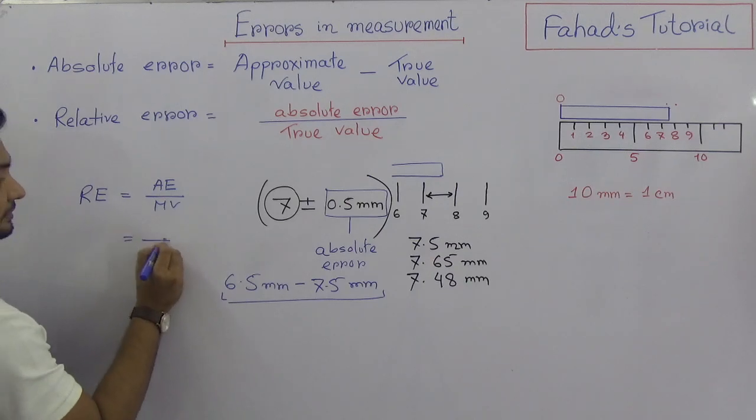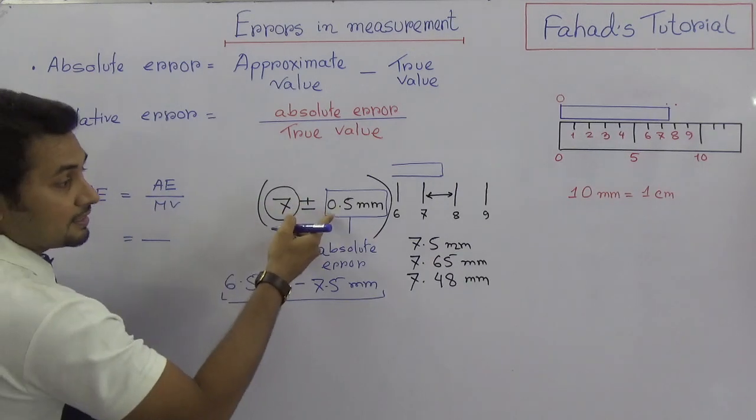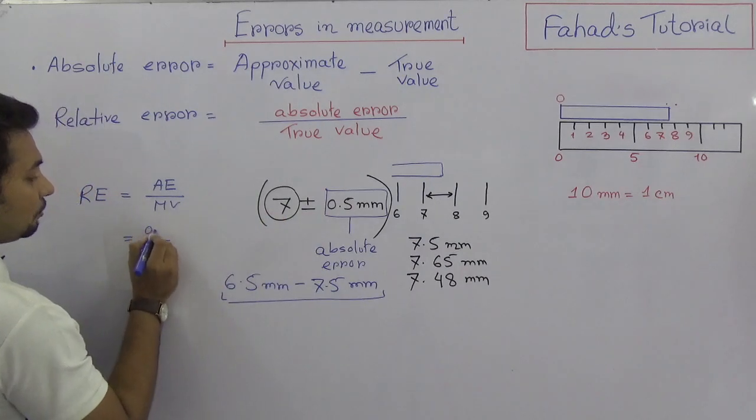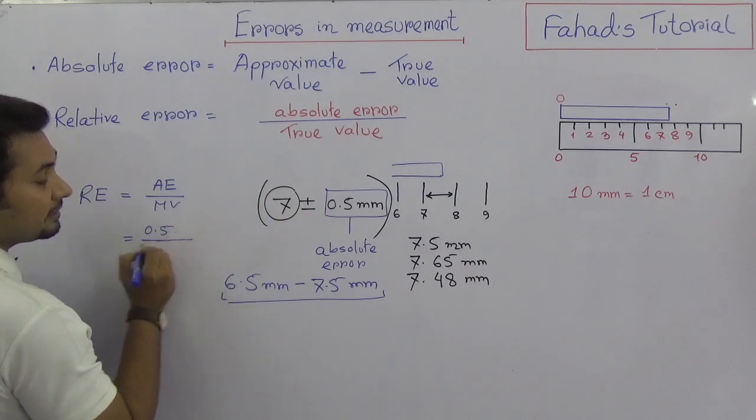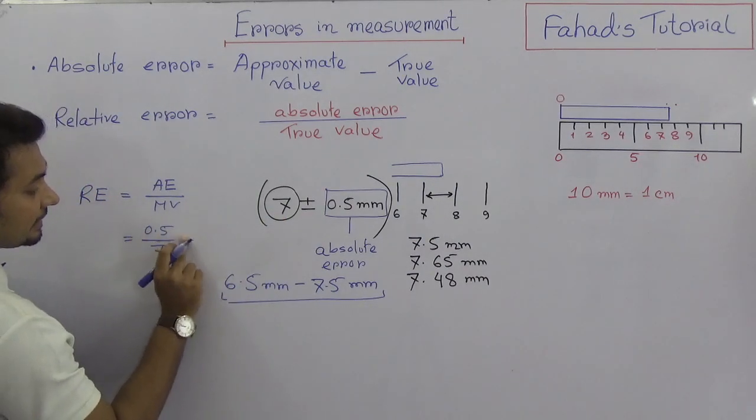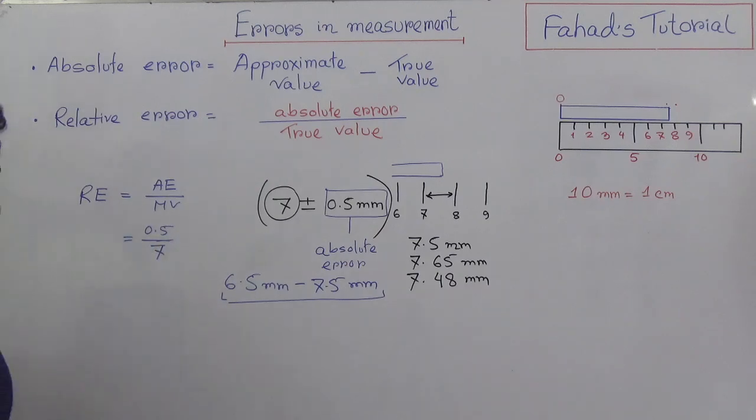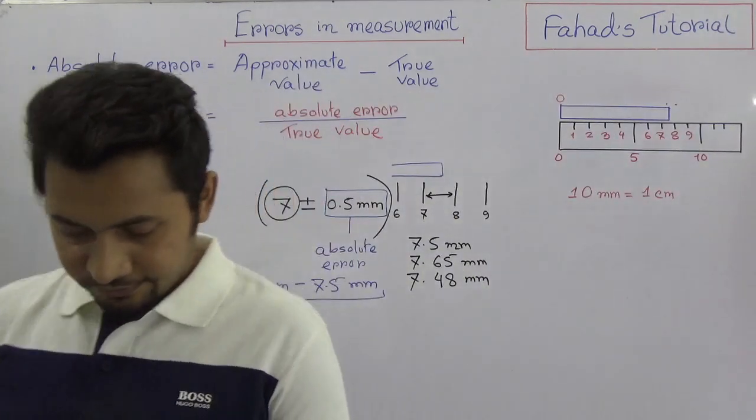So from this information, the absolute error is 0.5 millimeter, divided by 7. So if we divide 0.5 by 7, we get like 0.5.